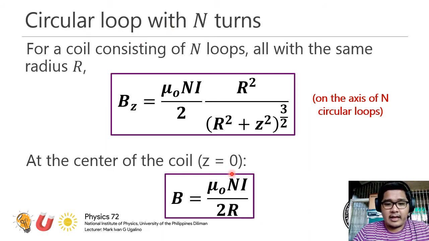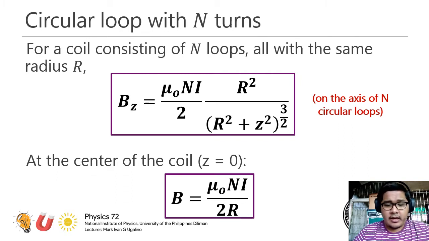At the center of the circular loop of n turns, z is just equal to 0, leaving us with this expression, which is equal to mu naught Ni over 2r. So that's just a simple generalization.